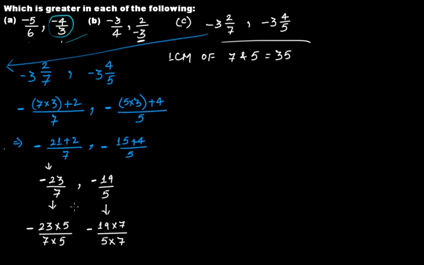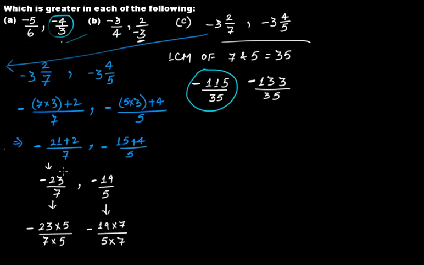So this becomes 115 over 35, minus sign here. And this becomes 133 over 35, minus sign here. Right? Now, this is an equivalent rational number of what?